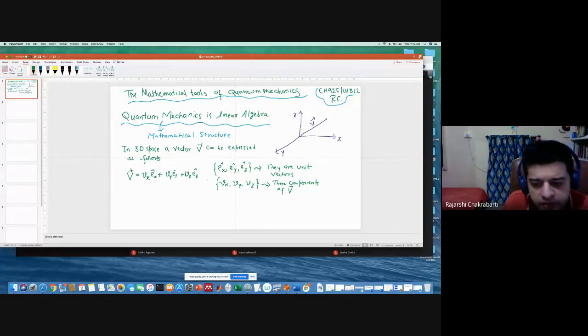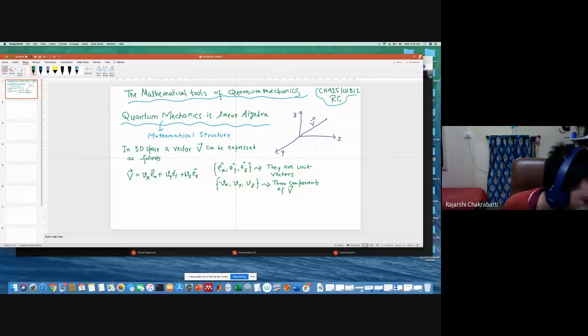So Vx, Vy, Vz, they don't have any direction. The direction comes from the unit vectors. These are vectors of magnitude unity, magnitude 1. But since these are vectors, they have direction. So Ex is along the x-axis, Ey is along the y-axis, and Ez is along the z-axis.